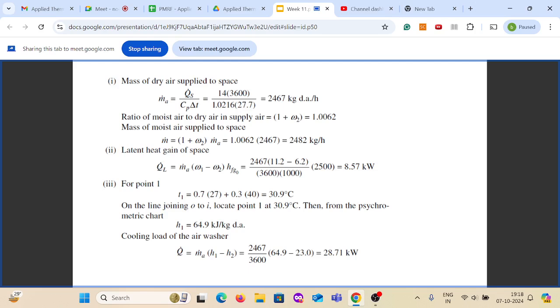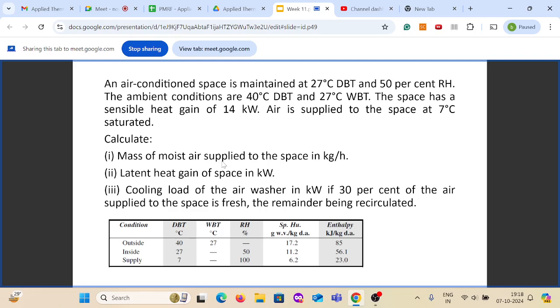So third is for point 1, the cooling load of the air washer in kilowatt. 30% of air supplied to the space is fresh and the remainder being recirculated.